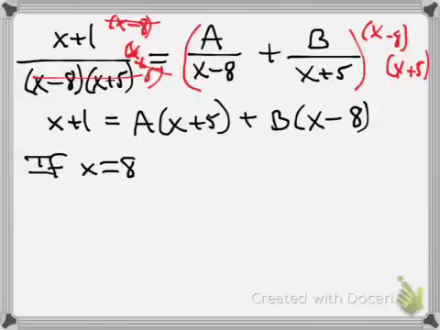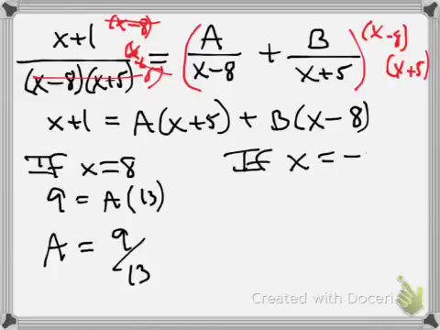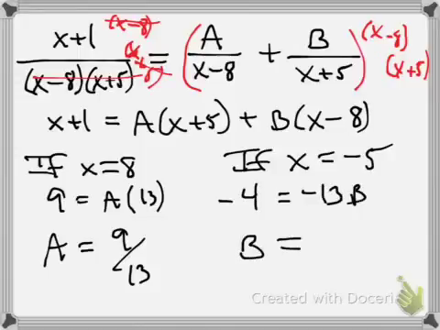And so I'm going to get 8 plus 1 is 9, A times the quantity 8 plus 5 is 13, so A is going to be 9/13. Similarly, if I let x equal negative 5, then I'm going to get negative 5 plus 1 is negative 4, and then I'm going to get negative 13B, so B is going to be 4/13.